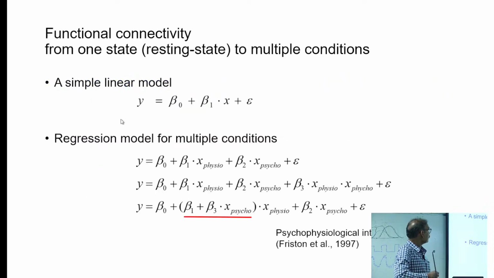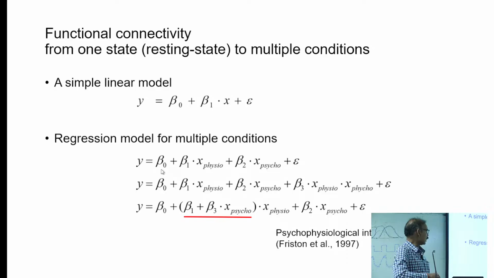So this is the definition of functional connectivity. There is a fixed term, and then there is beta 1 x plus error. This is the definition for GLM. For a regression model with multiple conditions, you have beta 0.